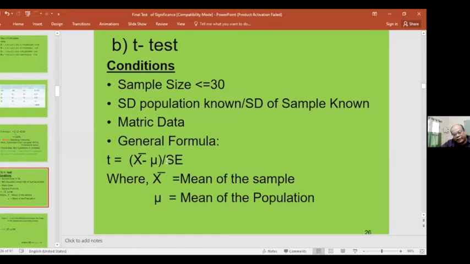Why is it divided here? This standard error is because of sampling fluctuation by chance. The difference x minus mu is the true difference. In the total difference, you have the true difference plus the difference by chance. When you divide, if it is more than one, then you can say there is a true variation also. Dividing indicates how much error by chance you are going to accept; beyond that, you are going to reject.